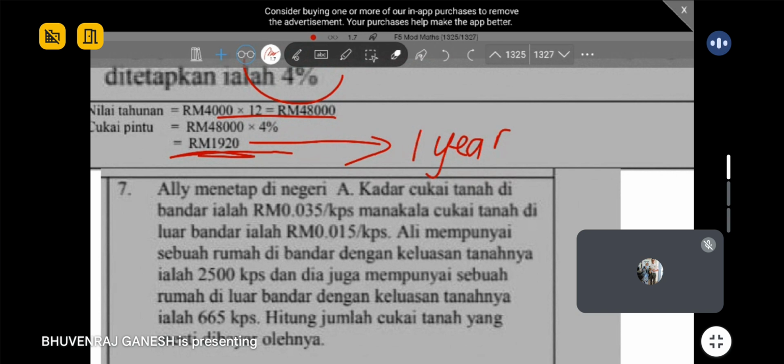Okay, so now they tell you in the town, this is the rate, 2,500. Outside the town is 665. So how are you going to know the total rate for in the town plus outside the town? I think it's quite logical also. You just need to use some ratio only.